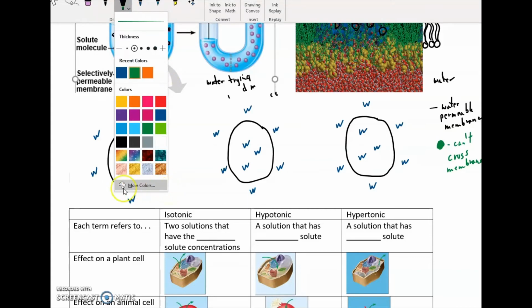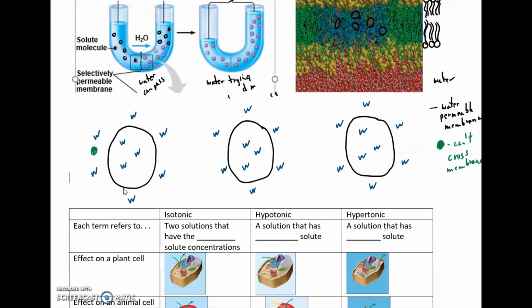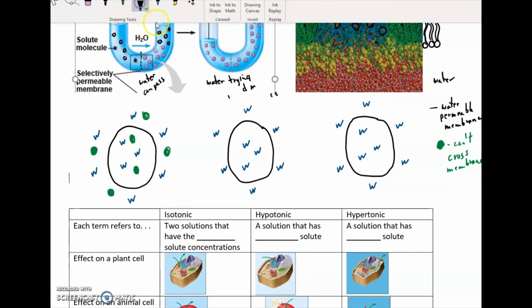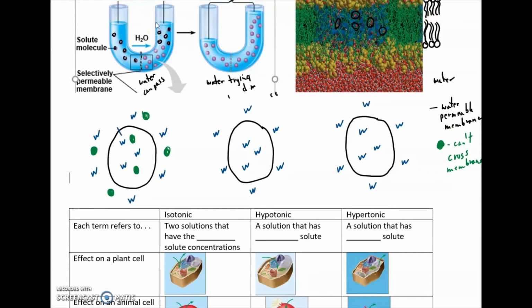So let me get my green molecule here. In the first one, we're going to have green molecules on the outside, but we also have them on the inside. And this is going to be roughly the same concentration. So the water molecules are able to cross the barrier, and what we'll find is that some of the water molecules will diffuse across out of the cell, but it's just as likely that a water molecule will diffuse in.